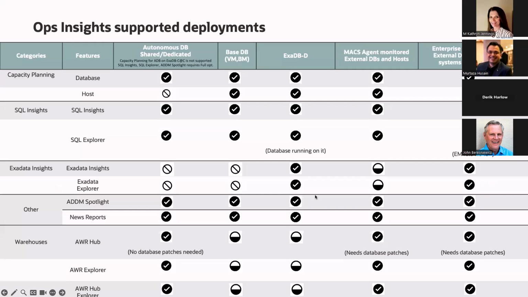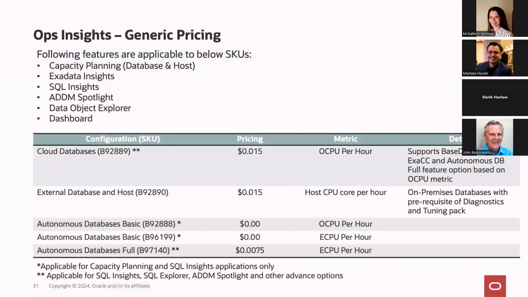All right. And then I wanted to quickly go over the pricing for Ops Insights. Essentially, we have SKUs bifurcated by different database types, whether you're cloud, external database, or autonomous. We also have support for HeatWave MySQL, which is part of the Ops Insights service.